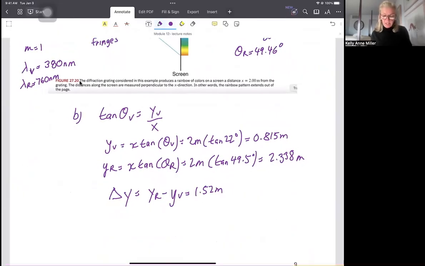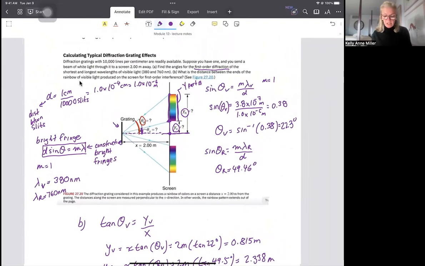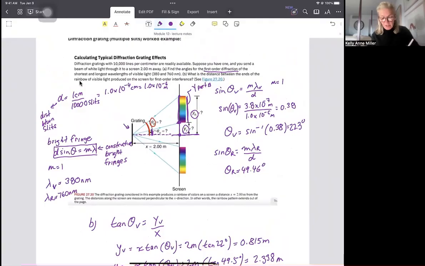Okay, so I think this example just illustrates that each of these rainbows equals a higher order. It's only showing you in this picture the m equals 1 and this is m equals minus 1.